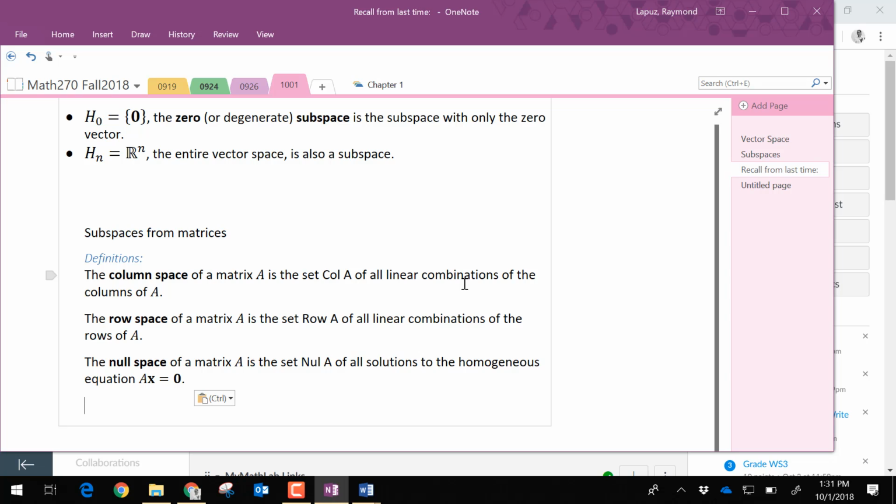So the three main subspaces, actually this section 2.8 only defines the column space and the null space, but the row space is not defined until later in the book, so I might as well throw it in here now.